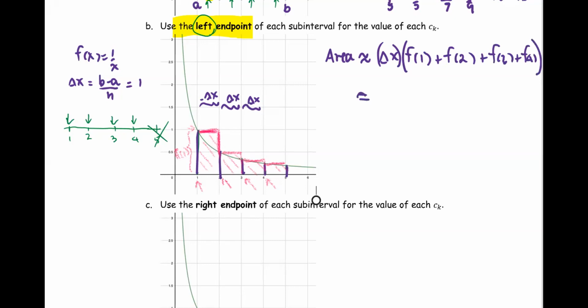Okay. And the delta x is 1 as we computed there. Multiplied by the function at 1. The function is 1 over the input, so it'll be 1 over 1. The next, the input 2 gives 1 over 2, and then 1 over 3, and 1 over 4.